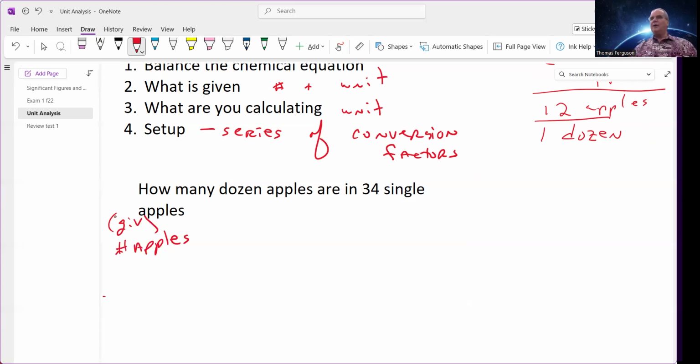I've got to understand your logic to give you partial credit. Just FYI, right out of the bag. I know some of you are very comfortable in math. Some of you hate math and are not comfortable at all. So what I'm trying to do is get this to be black and white. Okay, so number of apples is the given. What are we trying to calculate?